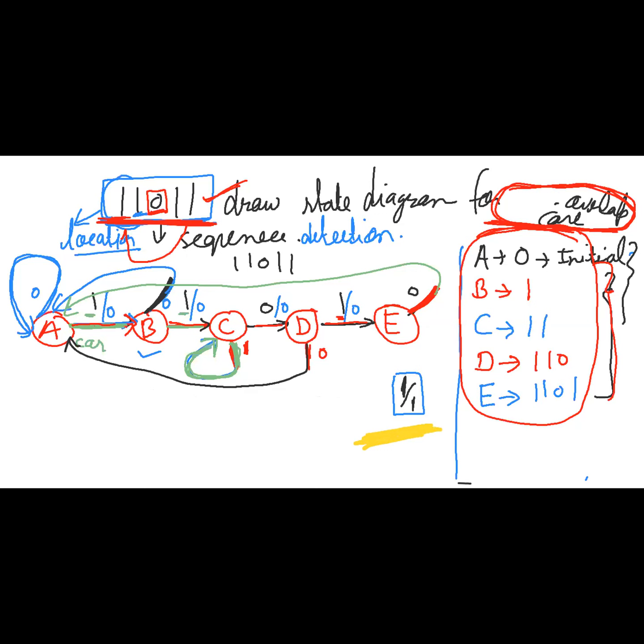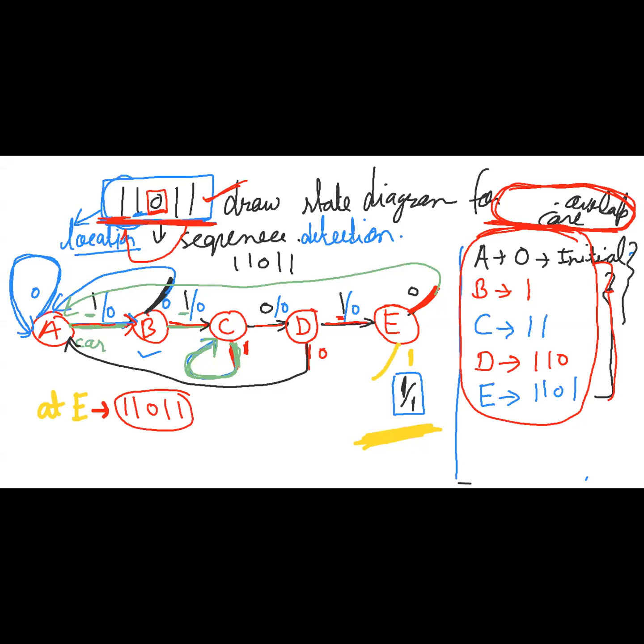Now, because it is overlap, it will go somewhere in between. Let's check where it will go. At E, if I follow this one path, what will be the string from the beginning? 1 1 0 1 1. Correct. Do you have the complete sequence anywhere out of these 5 states?